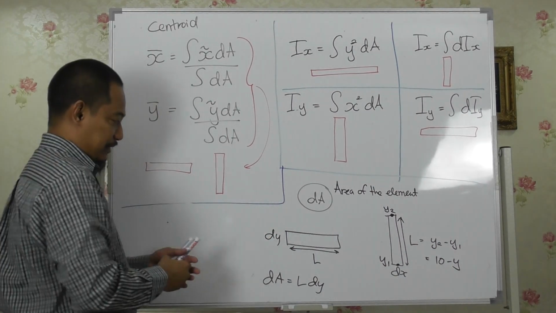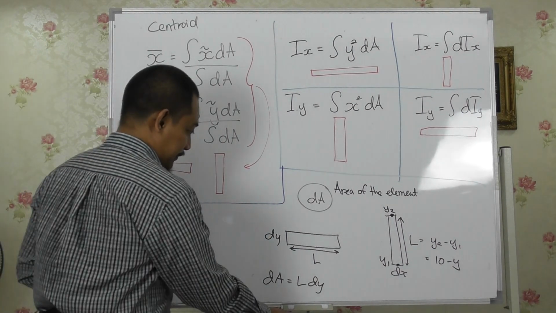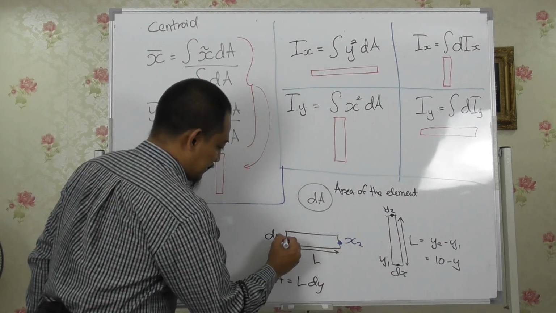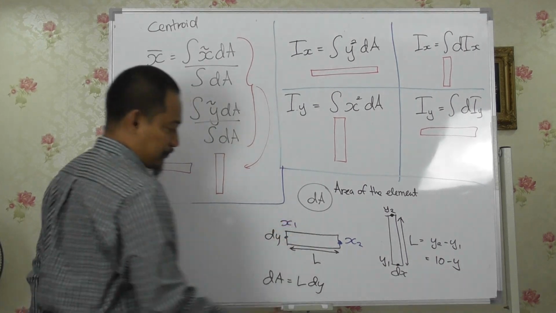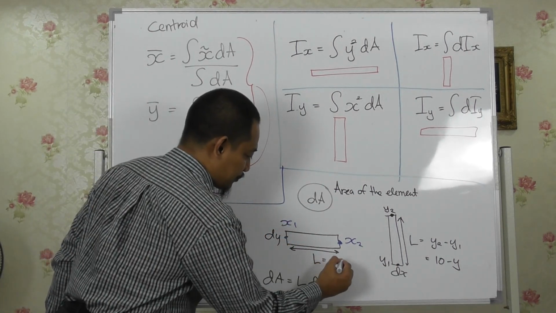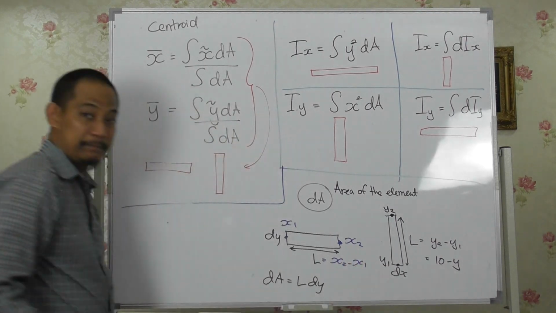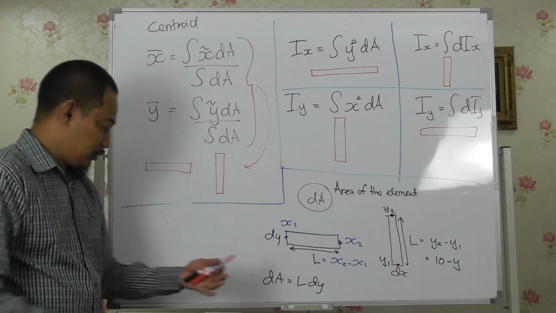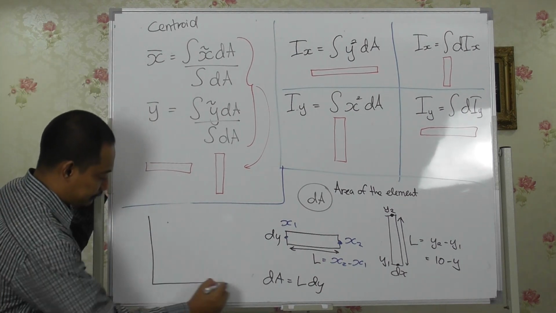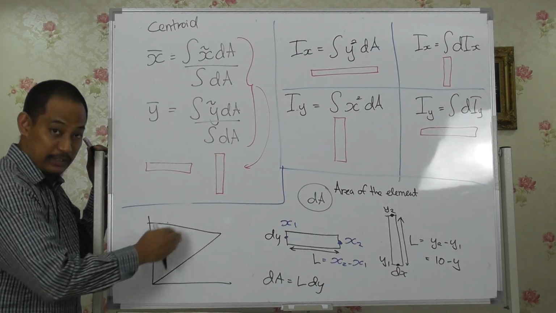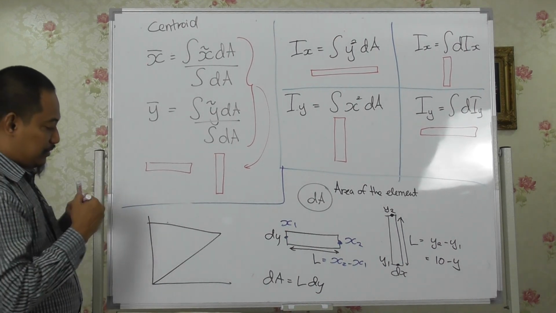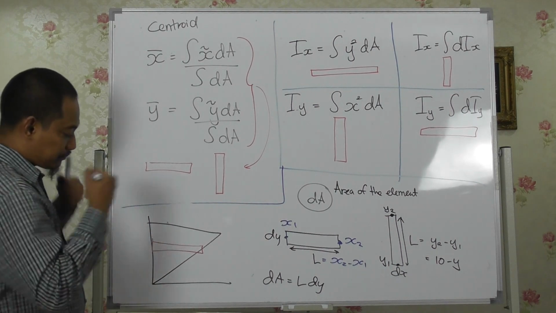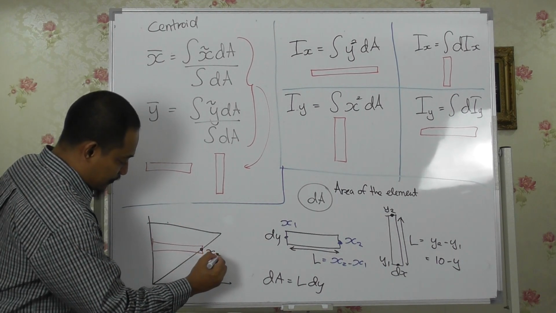Maybe I should use a different color. This is x2, this is x1. So L equal to x2 minus x1. If you have an area like this, here is the area, then the element is like this, and x2 is here, x1 is here.